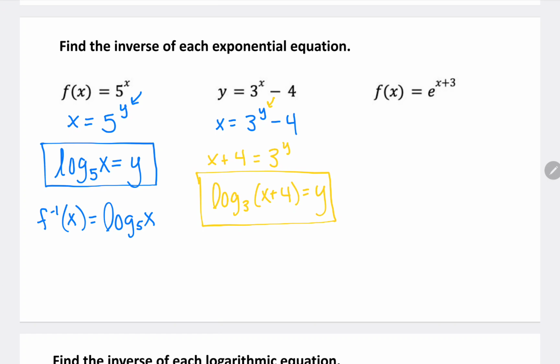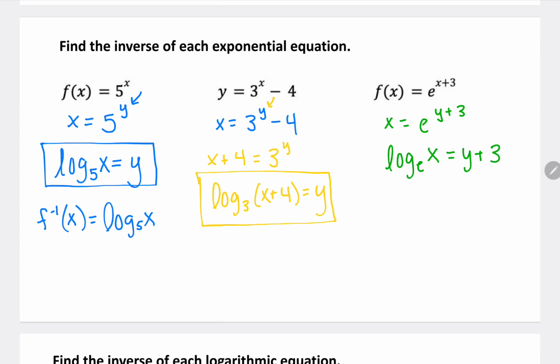So one more example of finding the inverse of an exponential equation. We're going to flip-flop the x and the y, and then we're going to try to isolate the y. Well, right now I can't isolate the y. I'm kind of stuck already. I have to get rid of the e next, and we don't know how to do that. So let's write this as a log. Log base e of x equals y plus 3.